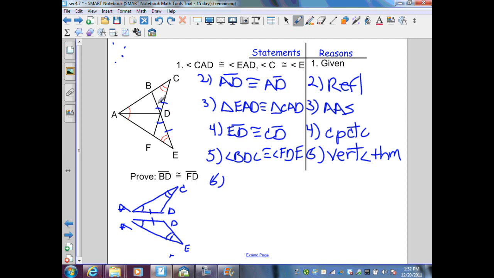In the diagram, I can see that I have the two smaller triangles congruent, which tells me triangle EFD is congruent to triangle CBD by the method of angle, side, angle.